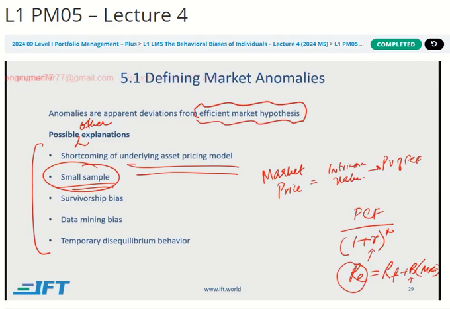Another reason could be that your data is biased. And how is it biased? It is biased in terms of survivorship. So let's say you start your analysis in 2024 and you take whatever stocks are available here and you look at how they have been performing and have they been equal to their intrinsic value going back, right? But what you ignore over here is, what about those stocks which have died, which were there back in the day, right?